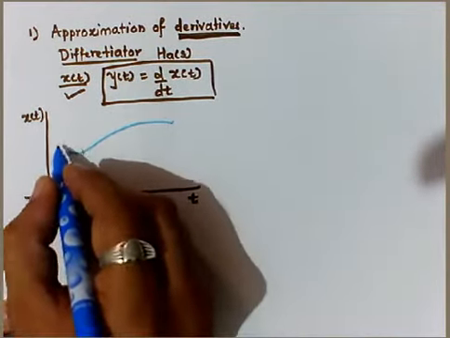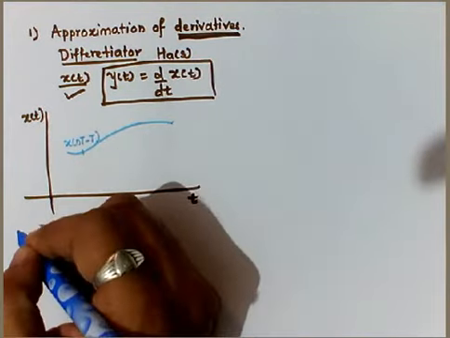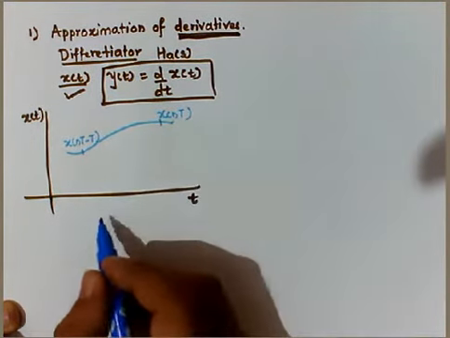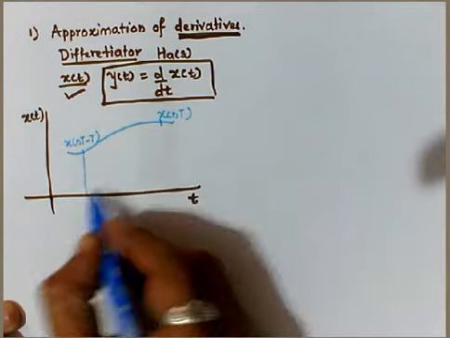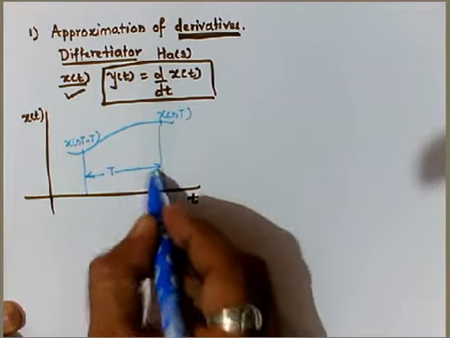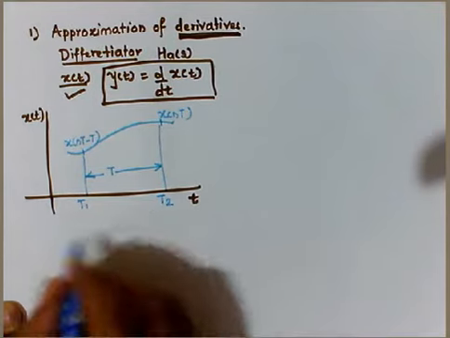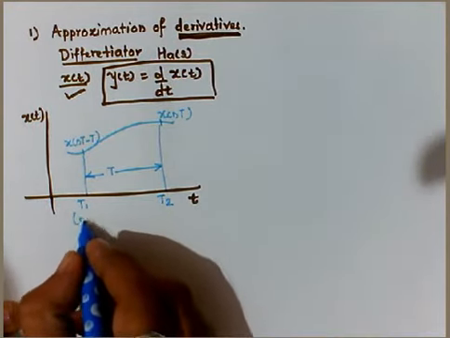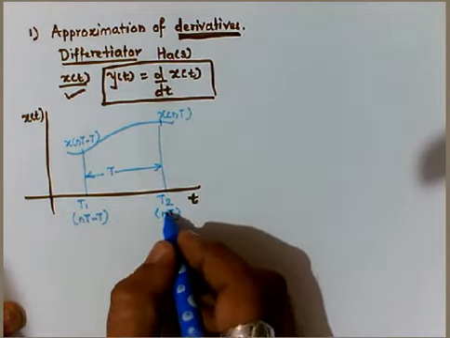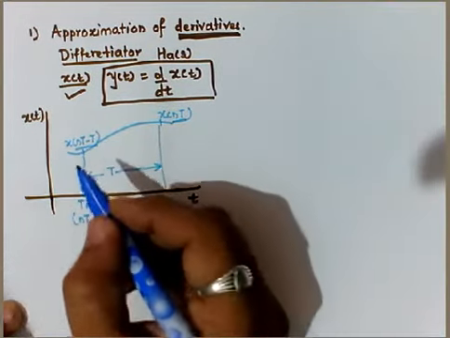If this is the point x(nT minus T), and this is the point x(nT), then the time duration between these two points is the time duration capital T. This is simply an assumed value. Let's say this is t1, this is t2. So t1 is nT minus T, and t2 is simply nT. That is why at this specific instant, this is x(nT) and this is x(nT minus T).